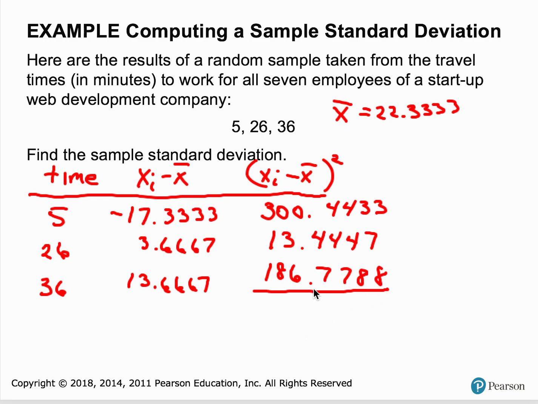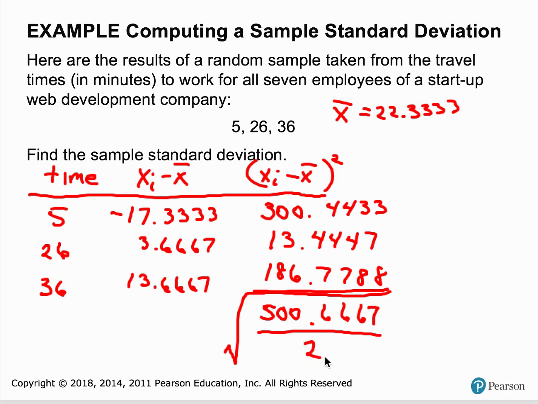Okay, so let's add these up. 13.4447 plus 300.4433. So we get 500.6667. Now, I'm going to take the square root of that, but I'm going to divide by not 3, but 2.